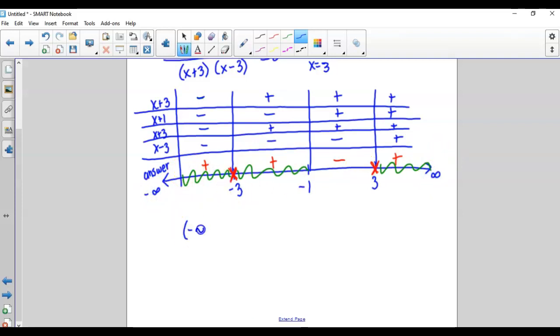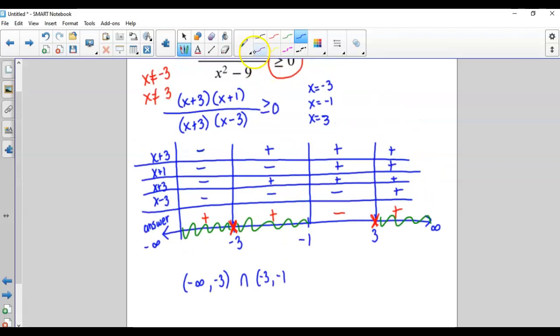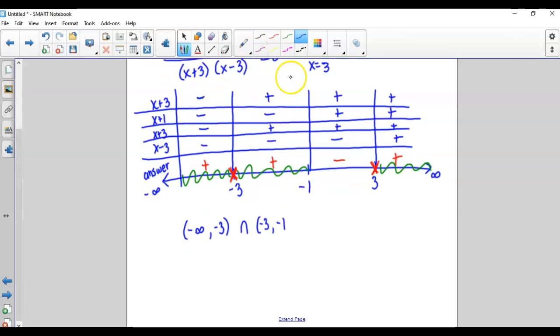So I can go from negative infinity up to negative 3, but negative 3 is an excluded value, so I cannot include negative 3. And then from negative 3, again not included, to negative 1, I have positive values. And right here, negative 1 is not excluded, and I've got an or equal to sign right here on my inequality, so I can put a bracket with that one.